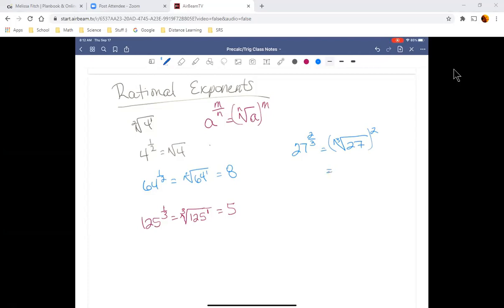By order of operations, I have to do my parentheses first. Can I simplify the 3rd root of 27? Yes, that would be 3. Good job. And then I still have my squared, and 3 squared is going to give me 9.